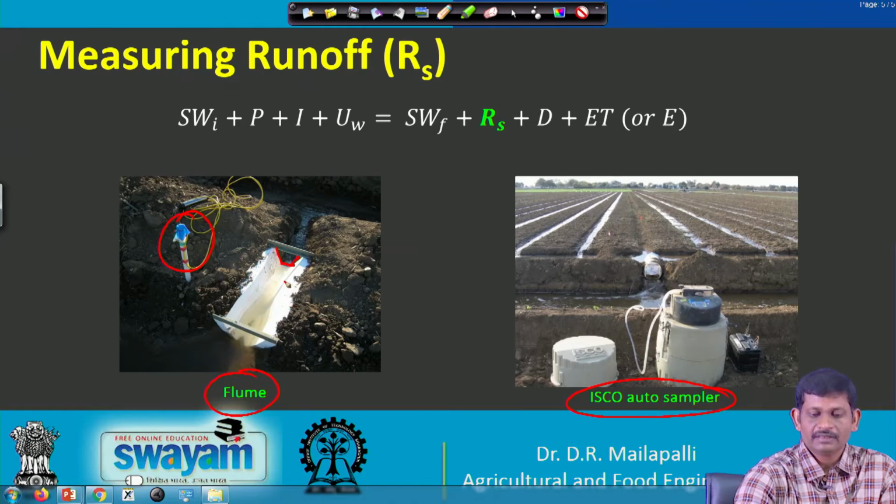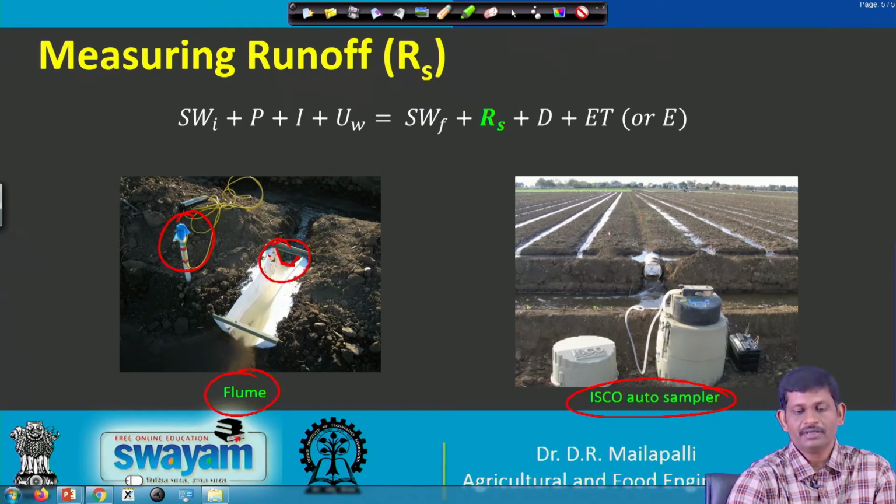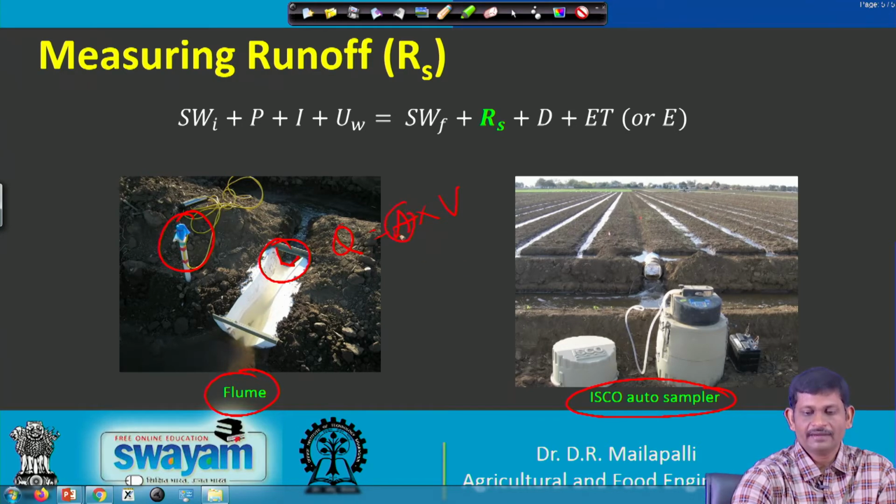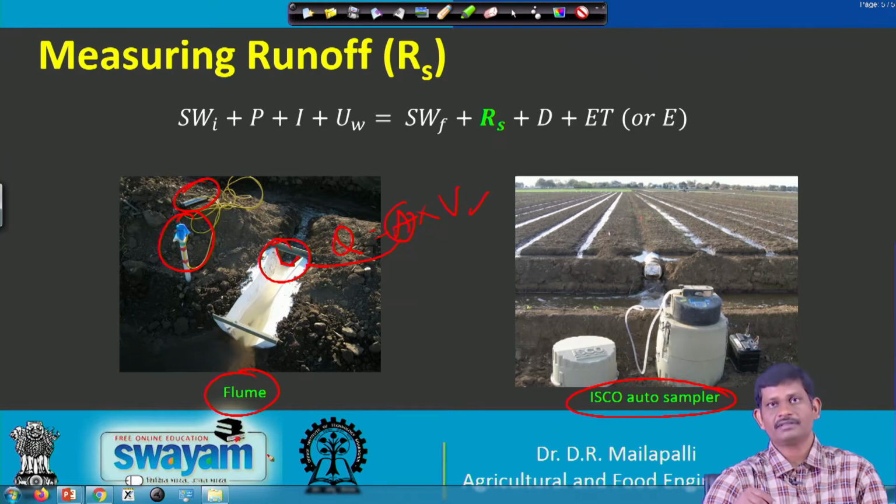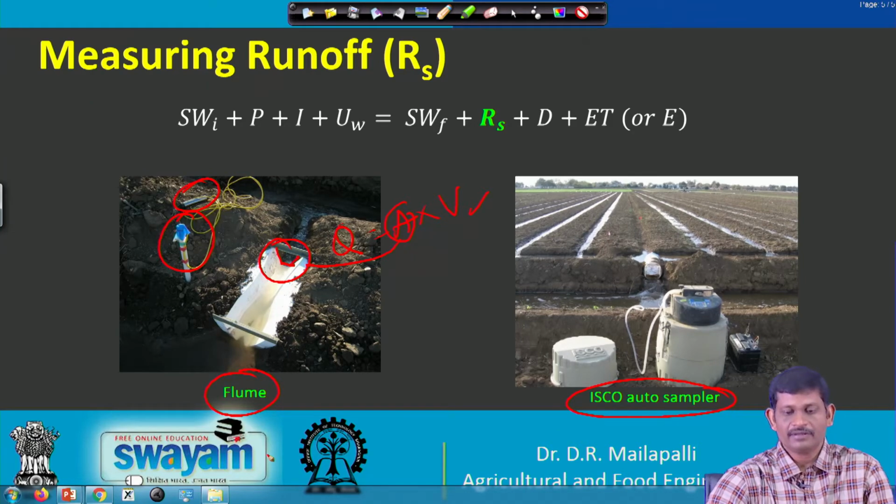So, the depth as well as the velocity will be collected, and based on the designed shape, that will give the discharge. So, Q is equal to A into the velocity, where A will be taken from the shape and the depth of flow, and velocity will be measured with this sensor, that is the velocity recorder, flow velocity meter.